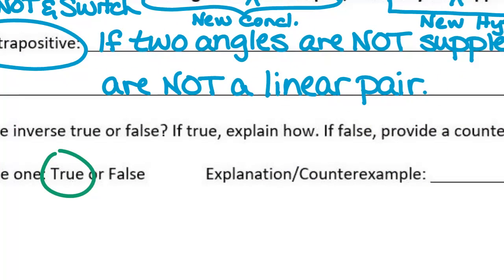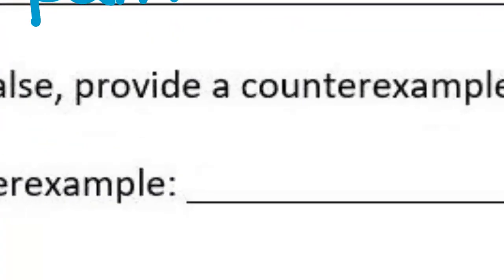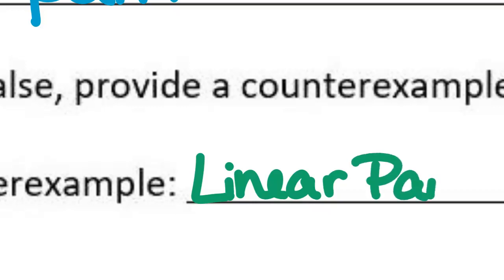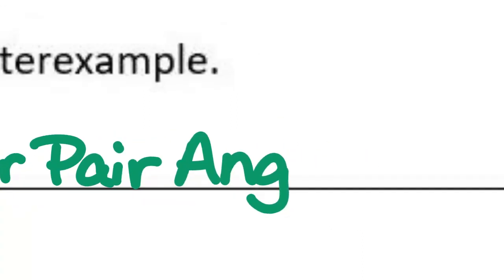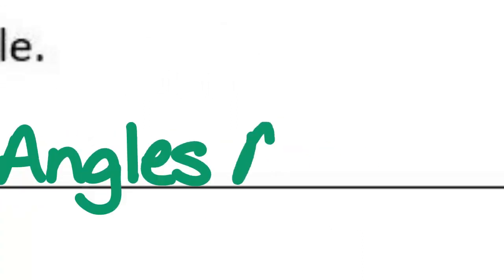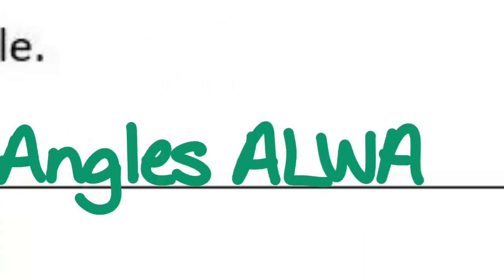So it says, if true, explain how. So my explanation this time is linear pair angles always add to 180.